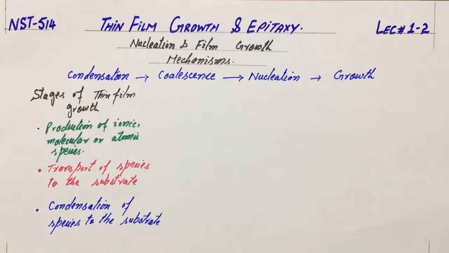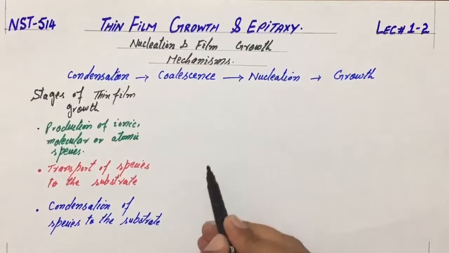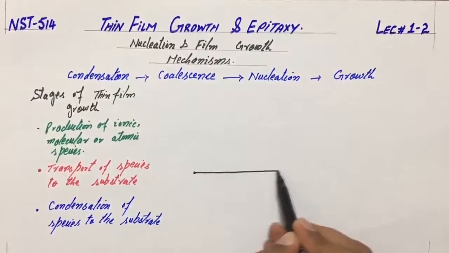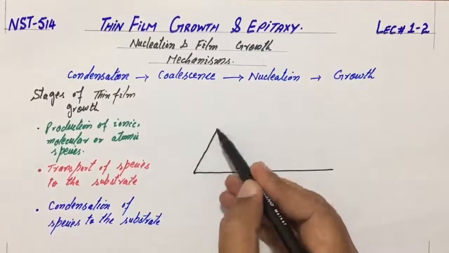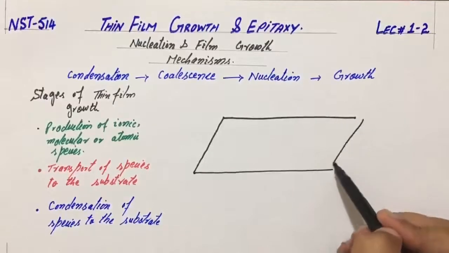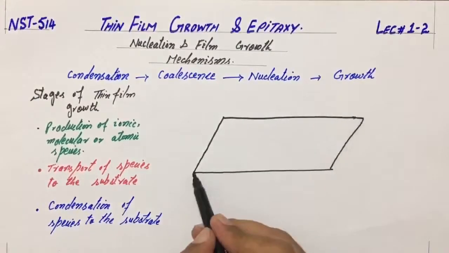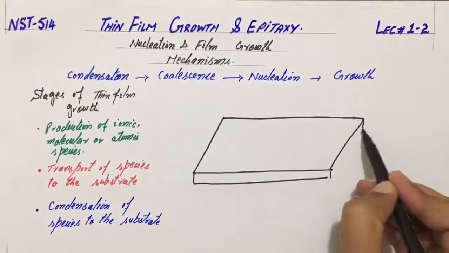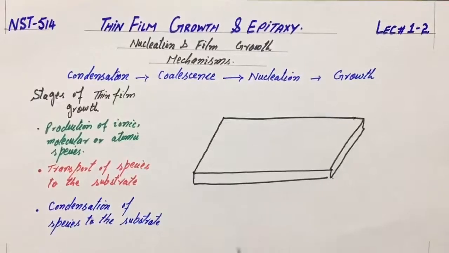So those parameters by which thin film growth is initiated can be discussed in this diagram, which contains the basic phenomena for thin film growth. It's a substrate surface on which the material particles are being deposited.